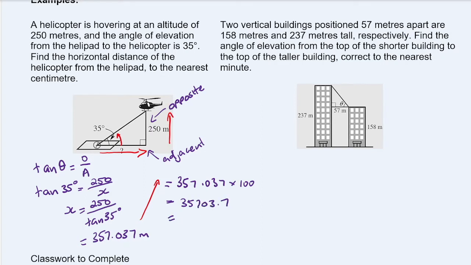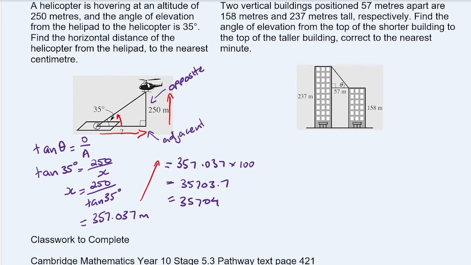And if we want to round that to the nearest centimetre, it'll end in 04. So that's that problem taken care of. And if we follow the final step from before, write in a sentence.